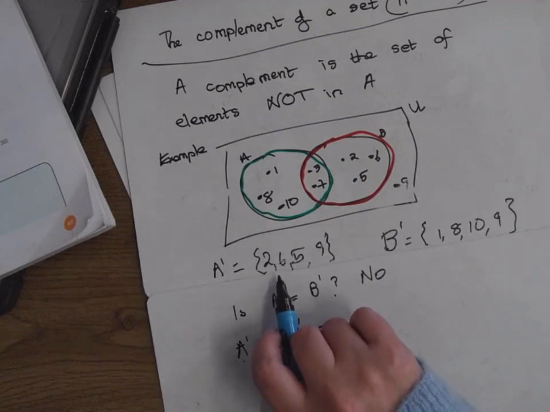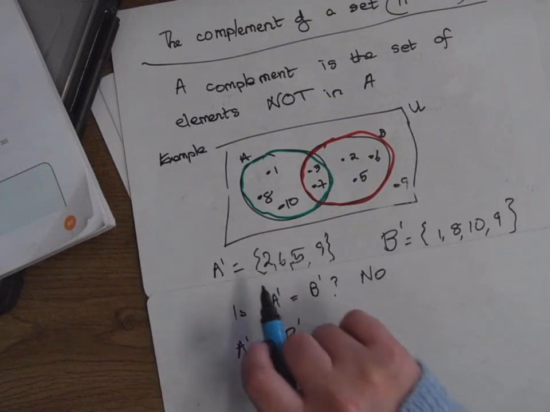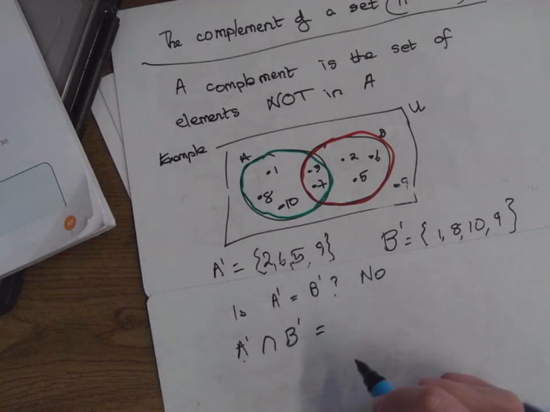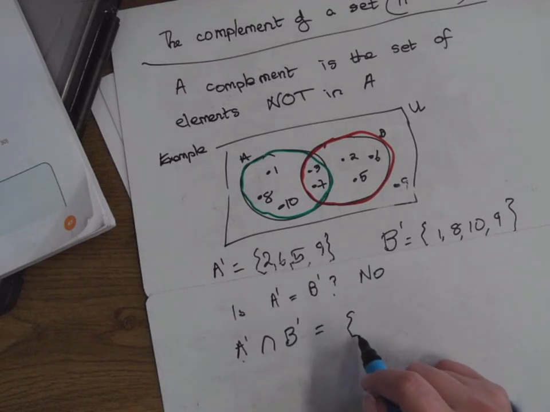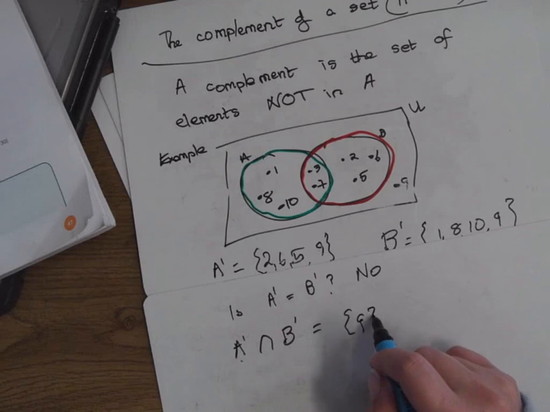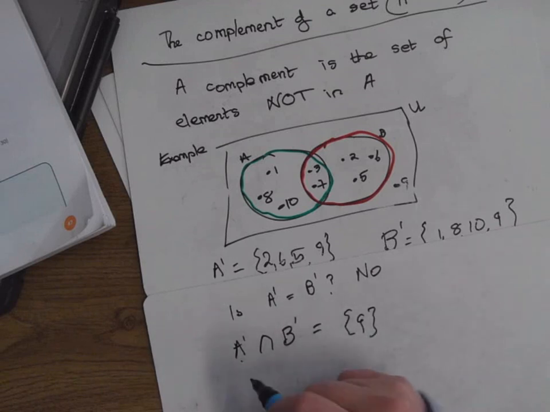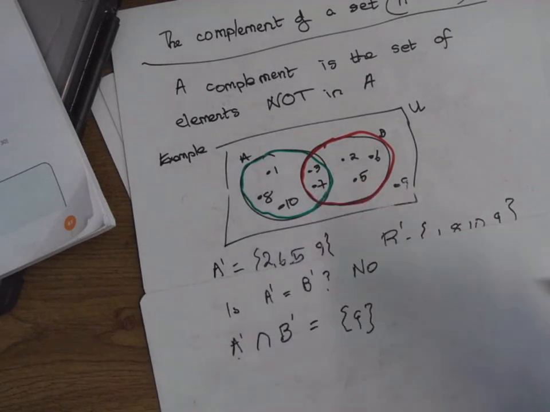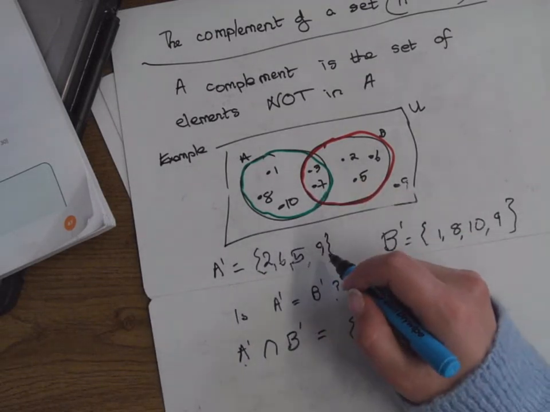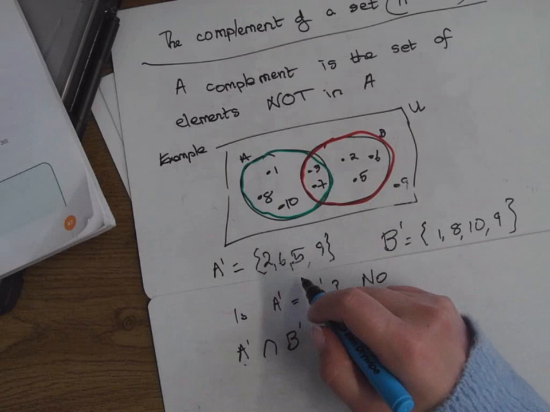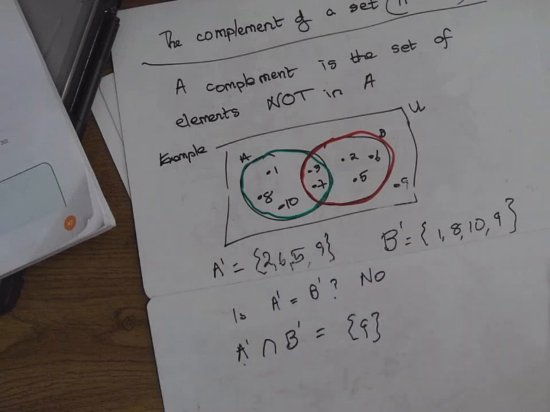So A complement is here, B complement is here. Where do those two sets intersect? It's just 9, isn't it? Do you all see that? Is everyone okay with that? It wasn't A intersection B, which would be 3 and 7. It was A complement intersect B complement. So 9. Are we good?